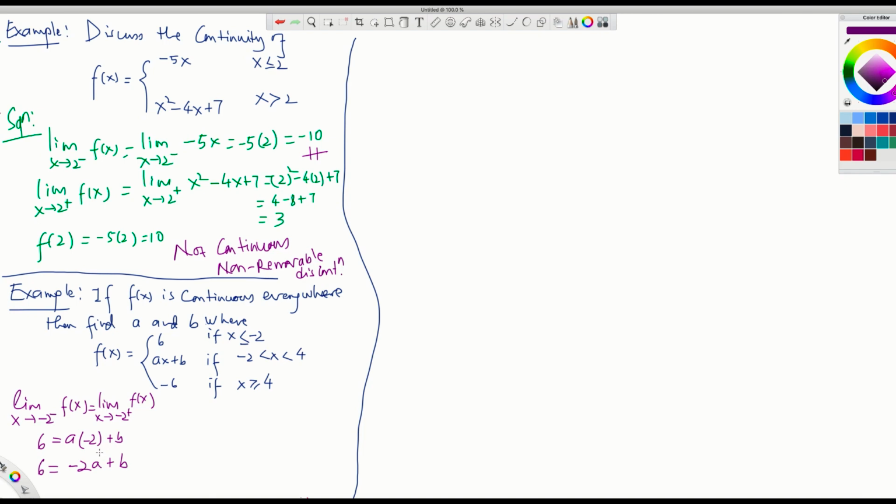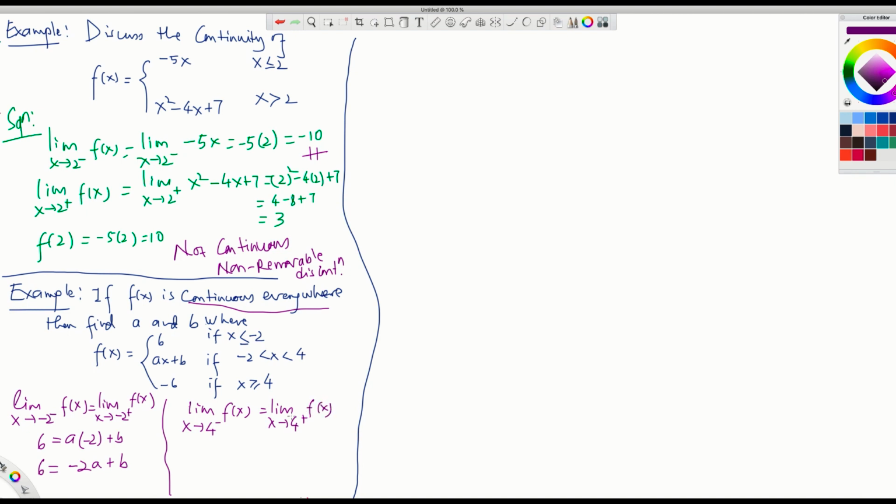Okay, the next thing I want to do is check the continuity at positive 4. Why do I know that they are equal? Because it says the function is continuous everywhere, so it must be continuous at -2 and positive 4. The limit as x tends to 4 from the left of f(x) must equal the limit as x tends to 4 from the right, or you can just write down f(4), that is also fine.